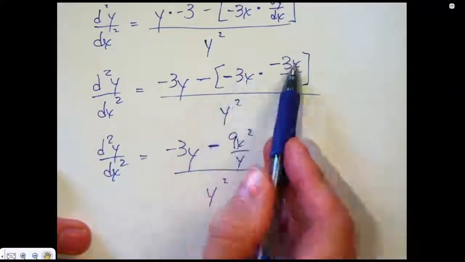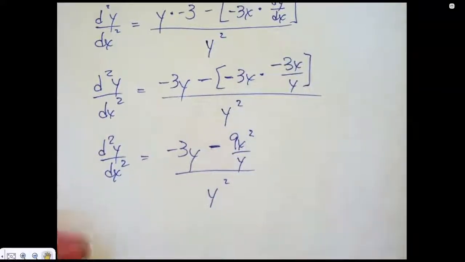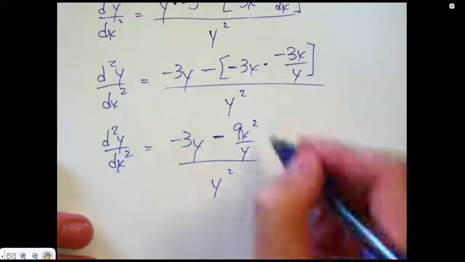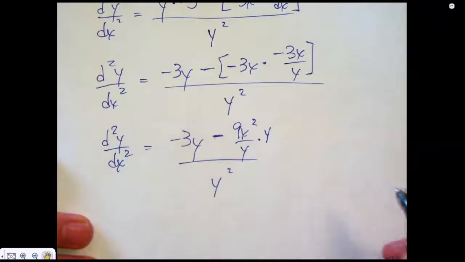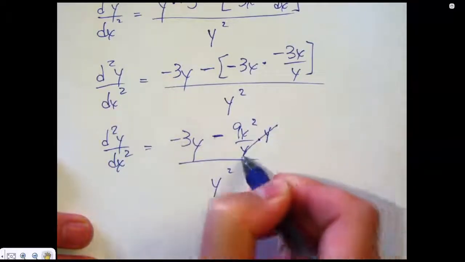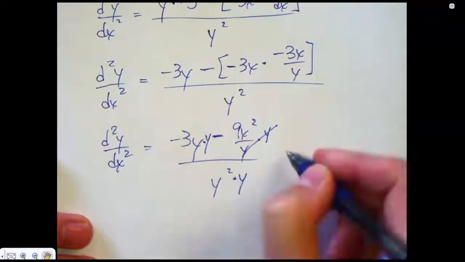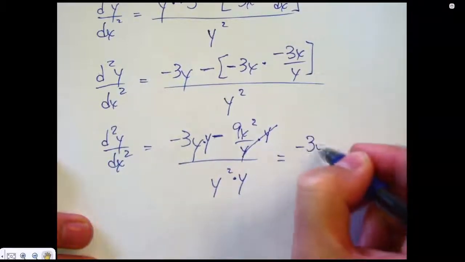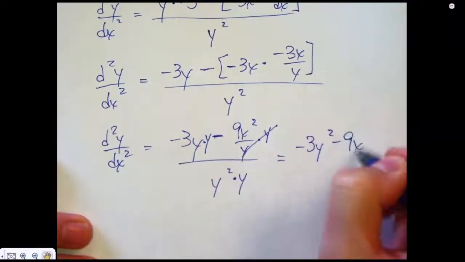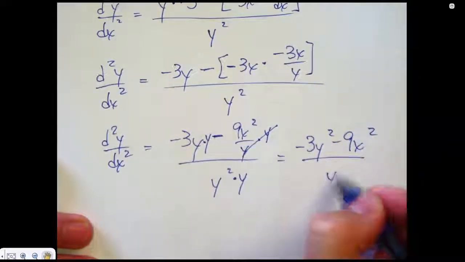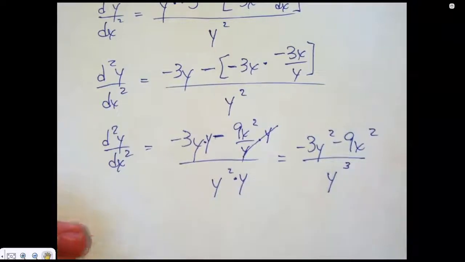And then 3x times 3x is 9x squared, and that y is on the bottom. But I don't want that y on the bottom, so I'm going to multiply this term by y, which will make those cancel. This term by y and this term by y. So I end up with negative 3y squared minus 9x squared over y to the third.